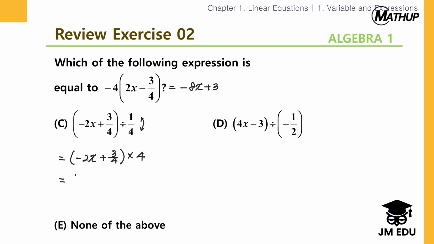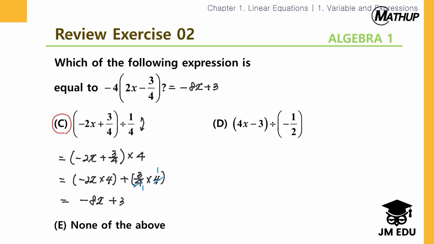So now negative 2x times 4 plus 3 over 4 times 4. So that's negative 8x. Here, 4 times 1, 4 times 1. So 3 times 1 is positive 3. So the answer is C.